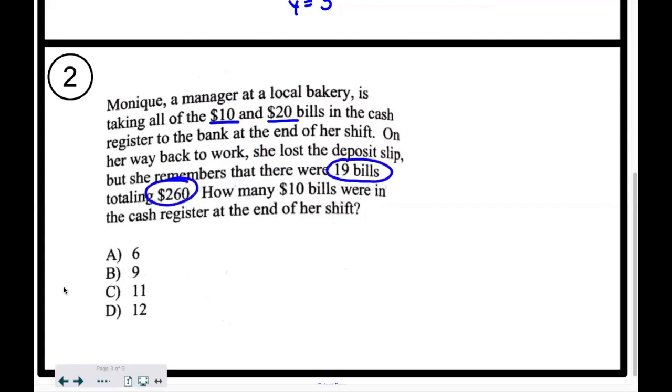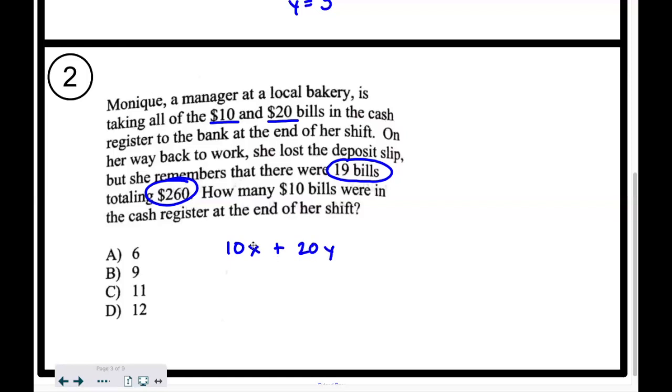So this one, we want to set up the system first. The reason we know it's a system, besides that it's just the type of problems I'm doing tonight, is that in general we have two things that are unknown, right? We don't know how many $10 bills there are, and we don't know how many $20 bills there are. So let's say the X is the $10 bills, so 10X, and the Y is the $20 bills, so plus 20Y.